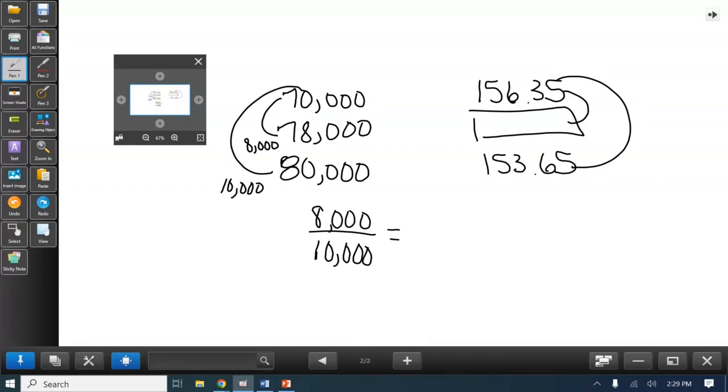And the difference between 156.35 and 153.65 is 2.7, and we're looking for X. You can either cross multiply, or you can take 8,000 divided by 10,000 and multiply by 2.7 to solve for X. When you get X, it's got to come back over here and be subtracted from the 156.35. Once you get that cost per square foot, then you'll multiply that by 78,000 to get your base cost.